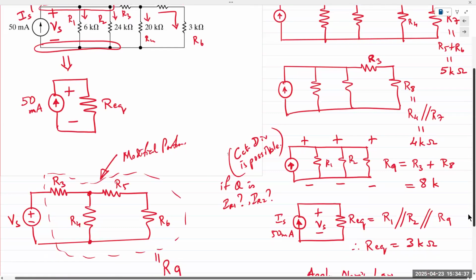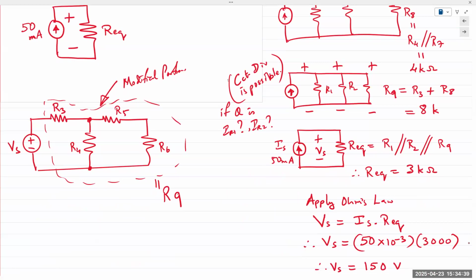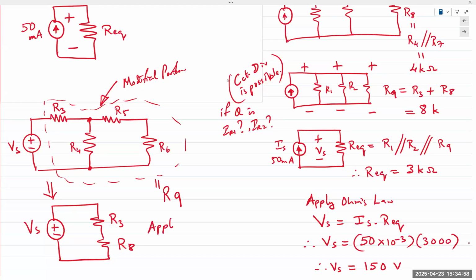So if we want, we can consider this as voltage applied to R3 and R8 in series. Apply voltage division to calculate VR3 and VR8.